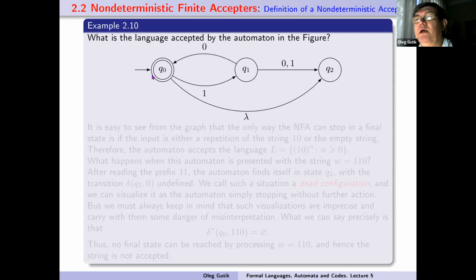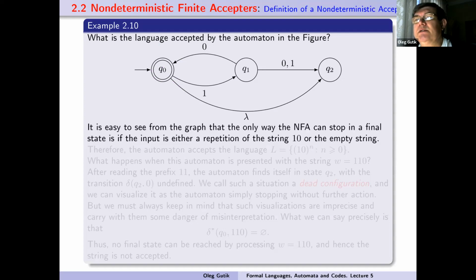Here we have the initial state Q1, and this state is also final. We consider this graph as in the previous example.